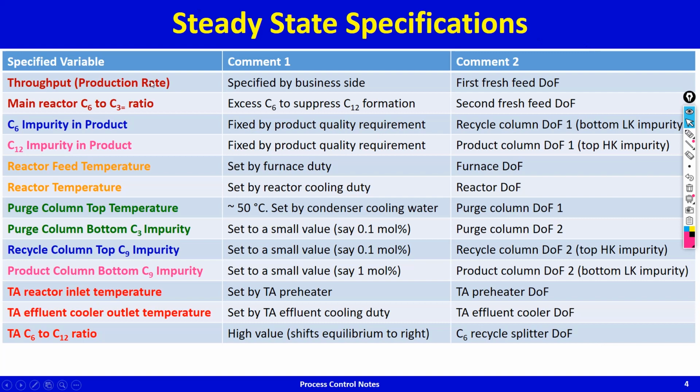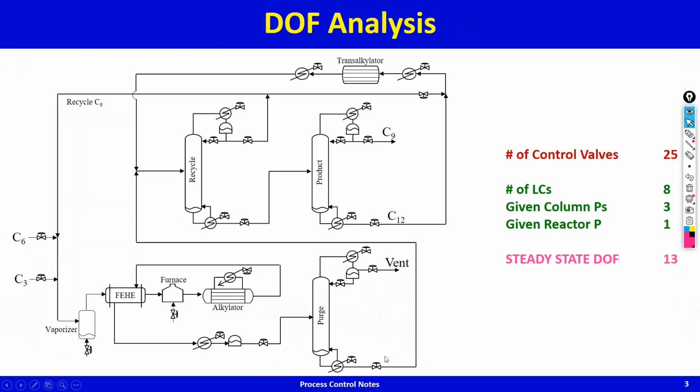So basically we're going to have a control system that is going to be controlling these 13 things. The only other comment that I have is that the flash drum cooler sets the reactor pressure, and I have explained this earlier. This cooler sets the flash drum pressure, and the flash drum pressure is the gas pressure in the alkylation reaction section.